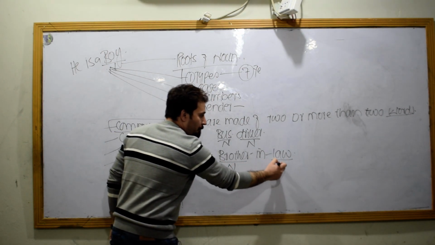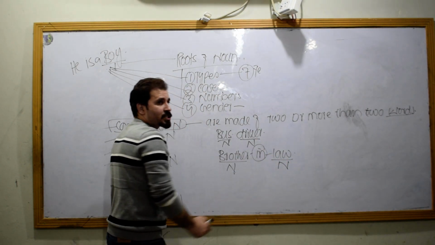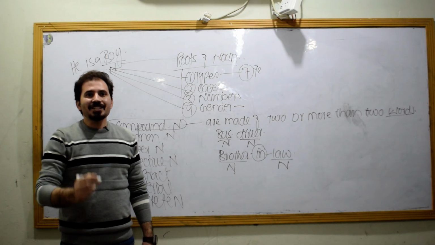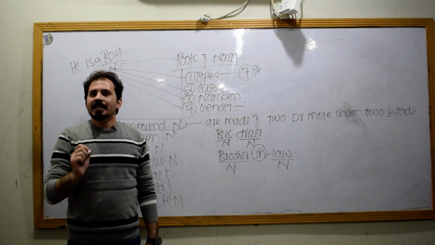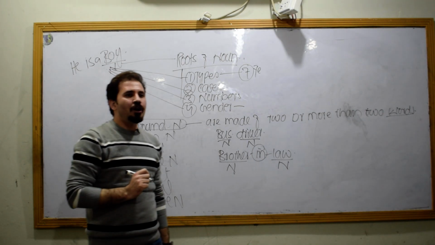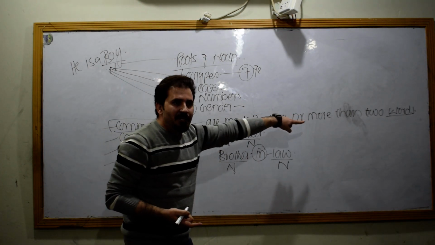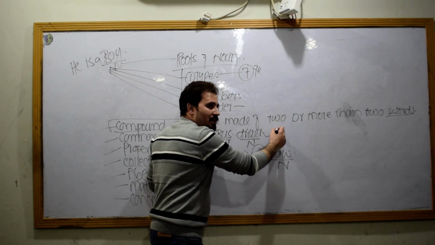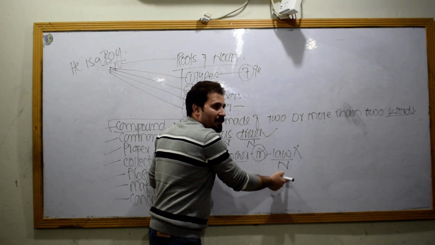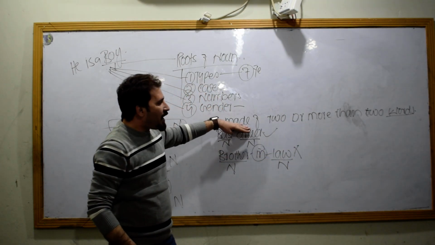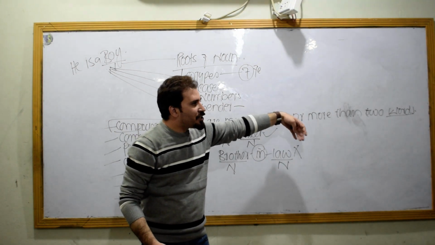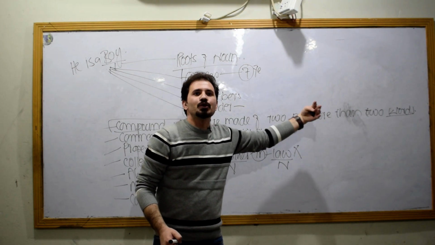This is a noun, but this is also a noun, but in is not a noun. So we cannot say that compound noun is made of 2 nouns, because this definition will be followed for the first example, but not for this one. So we will say that compound nouns are made of 2 or more than 2 words, not 2 nouns.